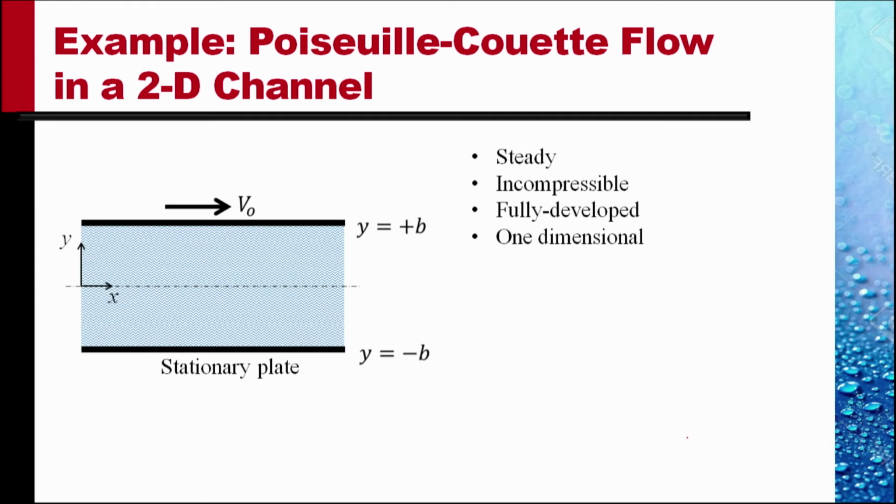If I close my eyes for 1 second and somebody moves the channel in the time being, and I reopen my eyes, I will not be able to tell that the channel is moved.